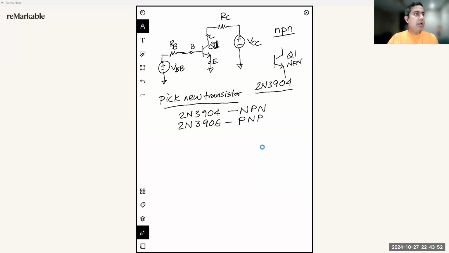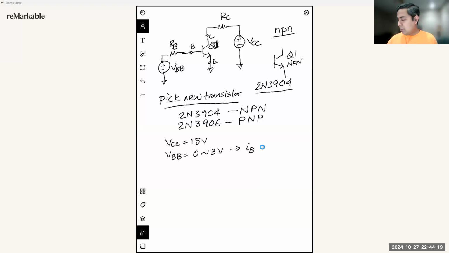Okay. So once you build the circuit, we are first going to simulate. We are going to keep VCC at 15 volts, and we are going to sweep VBB from 0 to 3 volts, and observe the IB current.